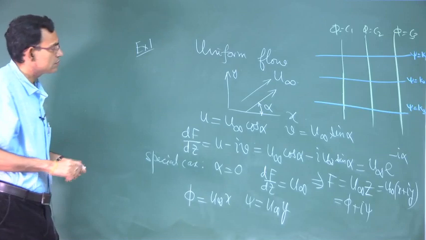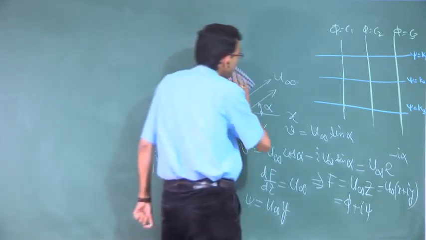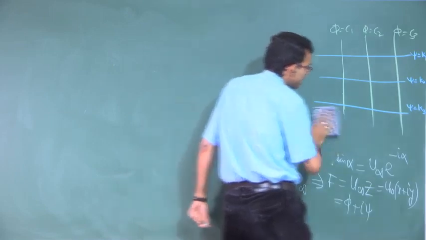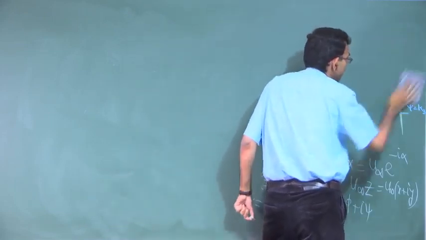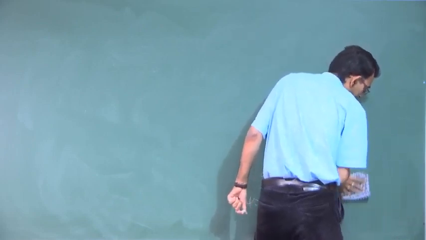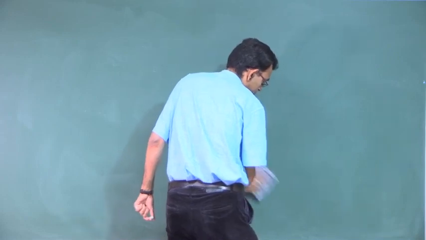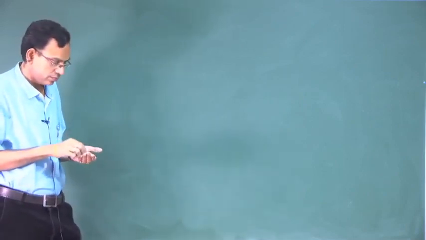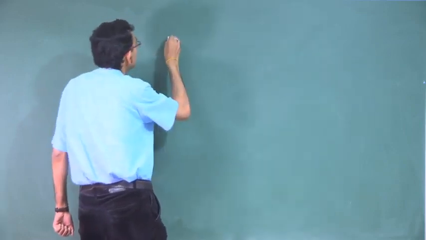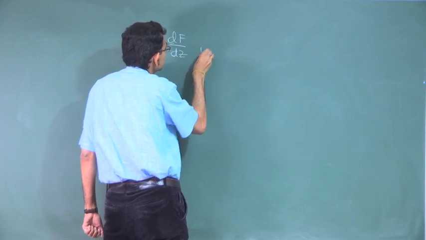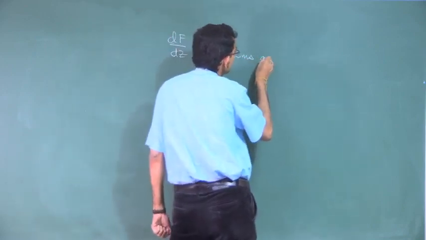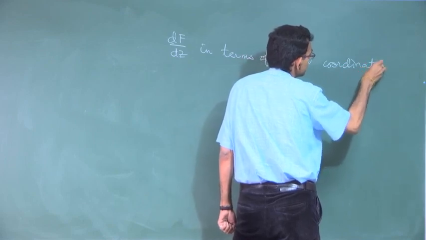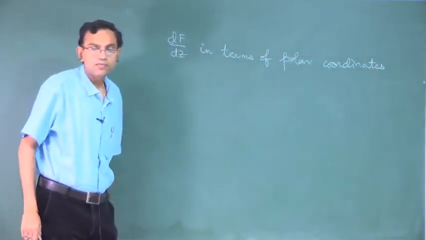Okay. Before getting into the next example, which may demand the use of polar coordinates, we will try to write the function dF/dz in terms of polar coordinates.